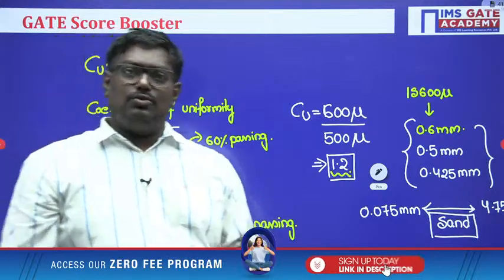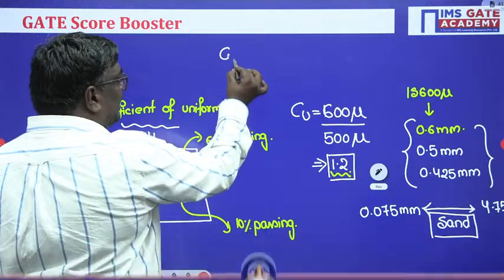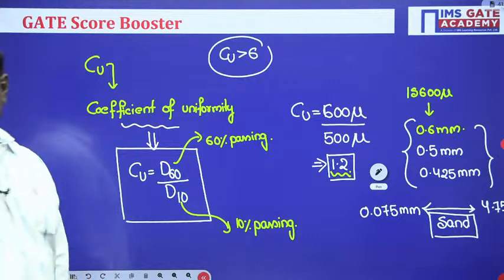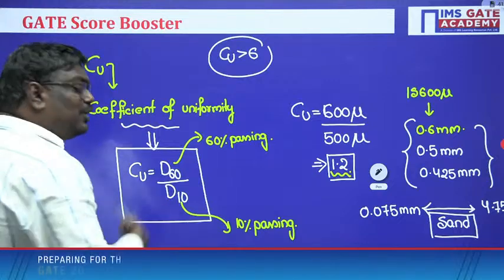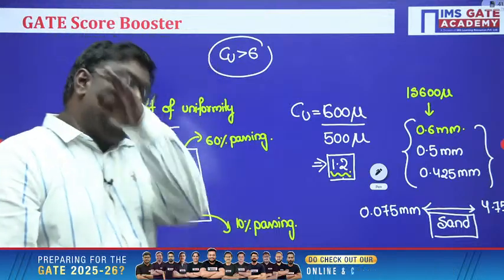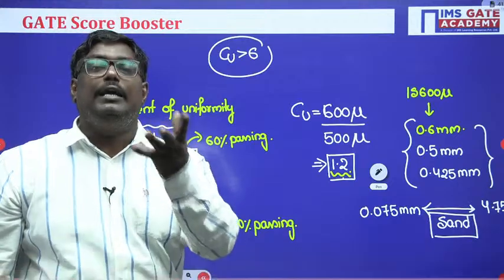Agree, my dear students? Now, for sand to be well graded, Cu should be greater than 6. But the value of Cu you got here is 1.2. So for any other value, we say it is poorly graded.